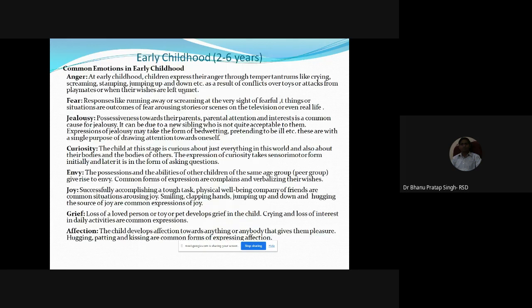The next is early childhood. This is an important age, and for you as a pre-primary teacher interacting with these children, this is an important age. So, common emotions in early childhood, which we have discussed in detail in previous sessions. Here we are discussing the common emotions. What are the common emotions? First is anger.